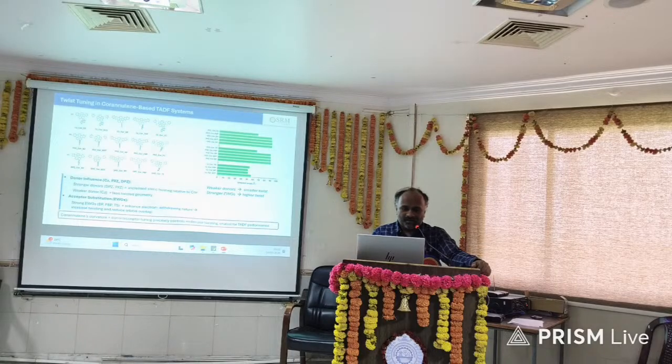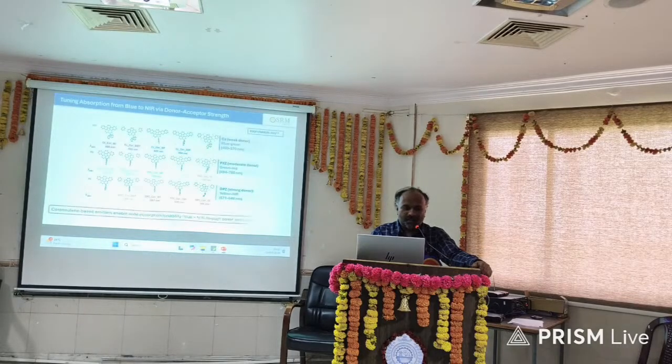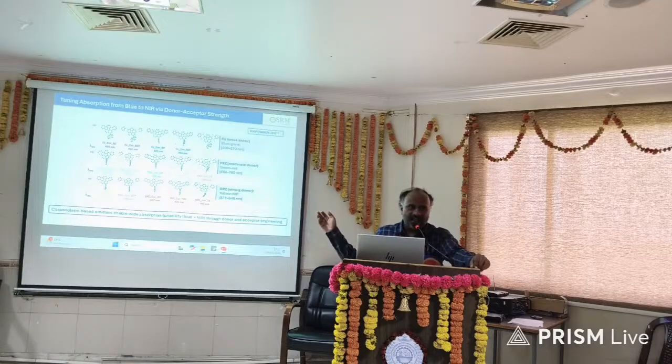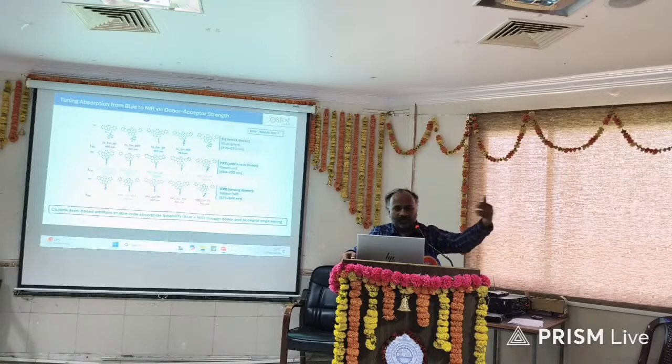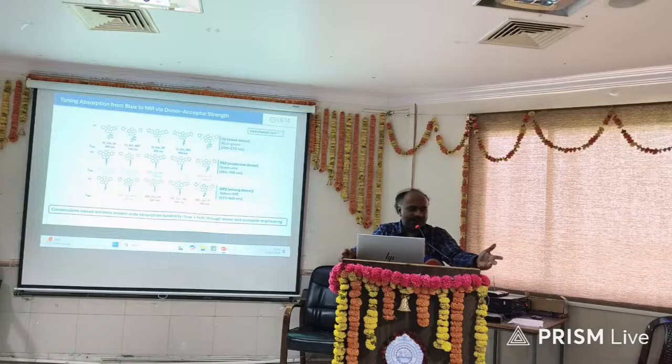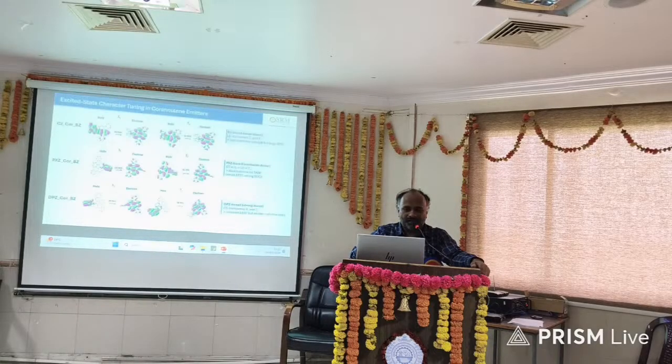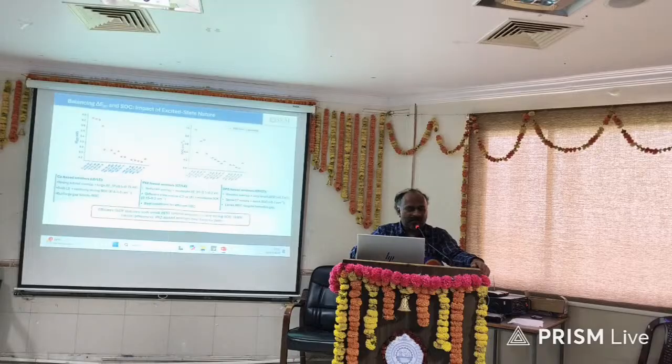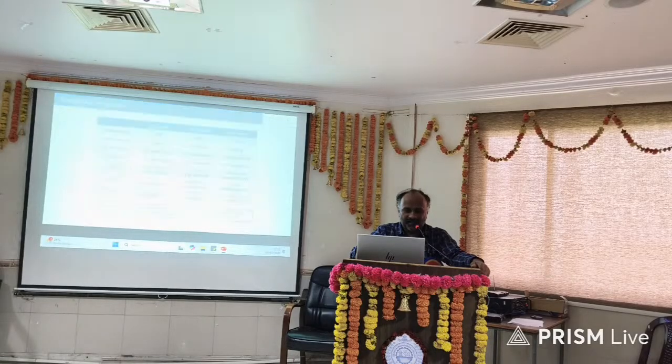It depends upon the type of units that we take. We get emission from 400 nanometers to 946, which is actually in the red region. So we get blue, yellow, green, orange and red emissions. This is the type of molecules that we design.